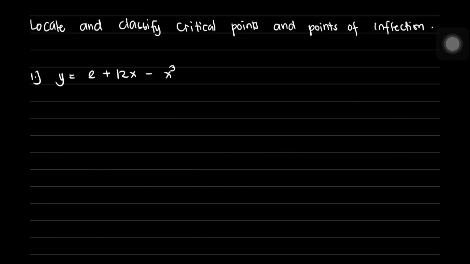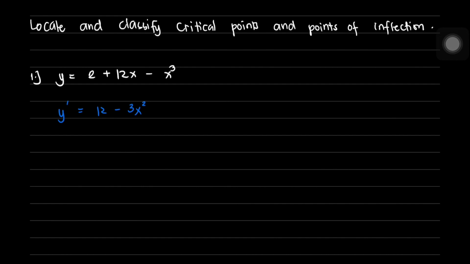If we're going to locate the critical points of this one, first, we're going to solve for y prime. The derivative of y equals 2 plus 12x minus x cubed will give us 12 minus 3x squared.